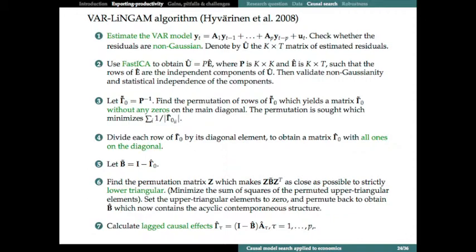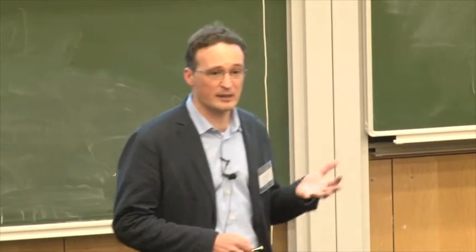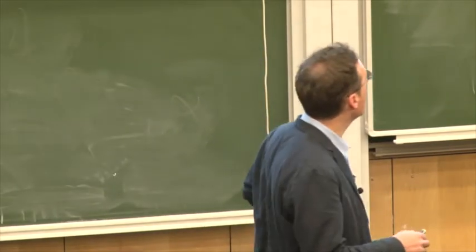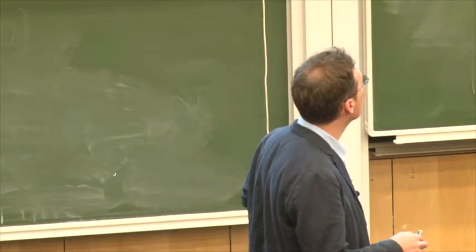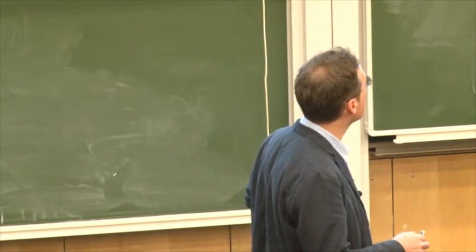The idea is to estimate the VAR model in a classical way, like an OLS regression, check whether the residuals are non-Gaussian, then use FastICA, so you consider the latent independent shocks as independent components.